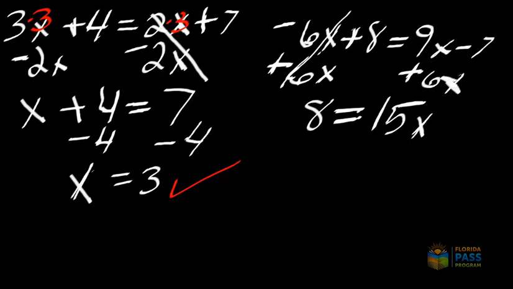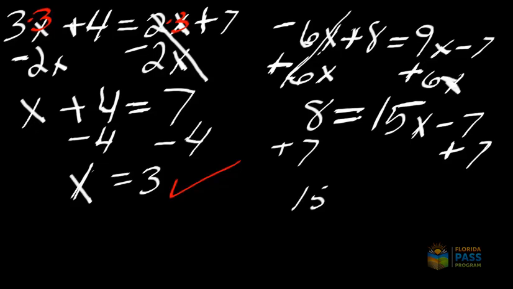Negative 6x plus 6x is 0, so that's gone. So let me rewrite the problem. 8 equals 9x plus 6x is 15x minus 7. So I add 7 to both sides because you always do the opposite of what you see.